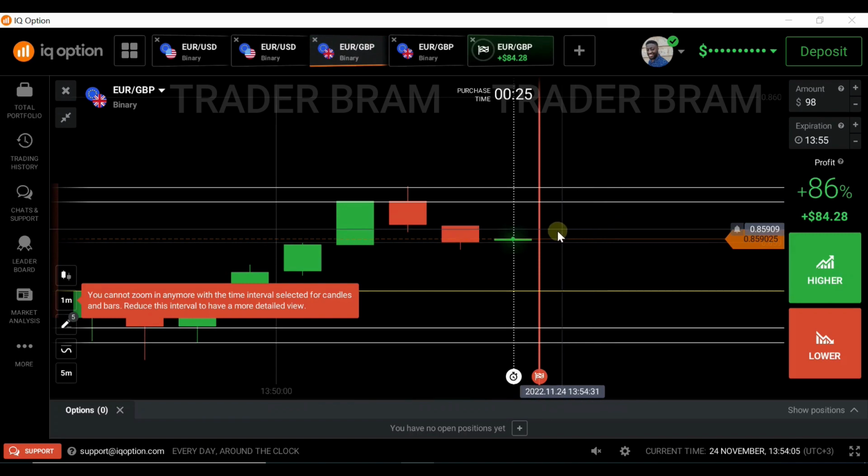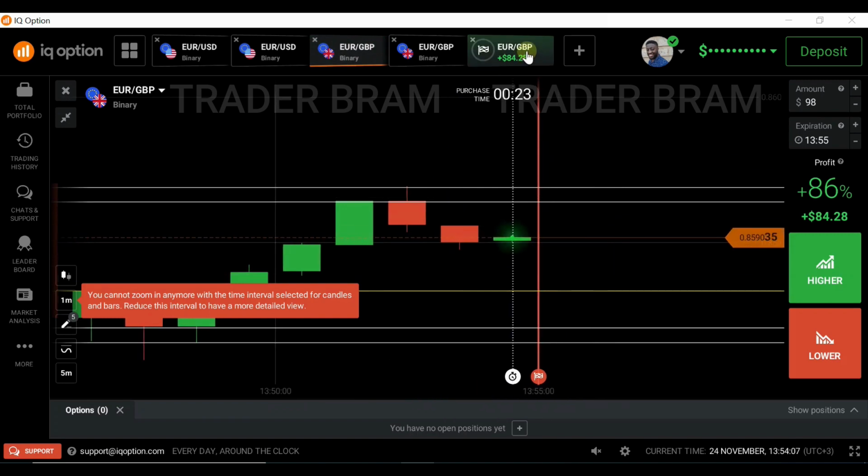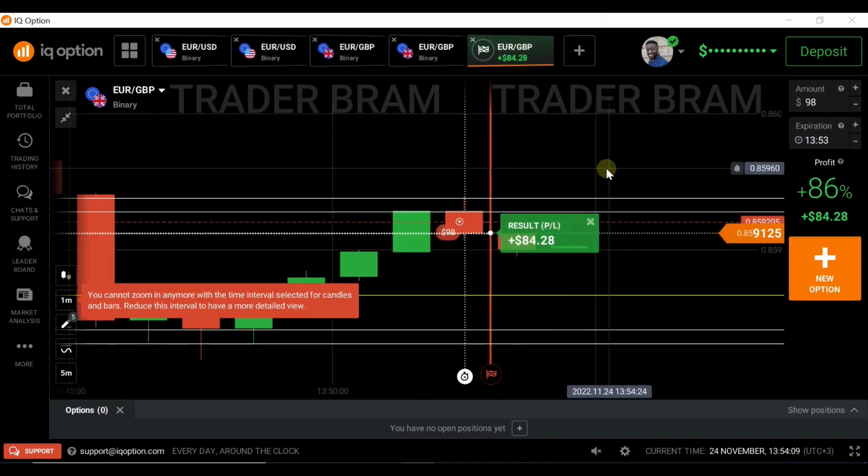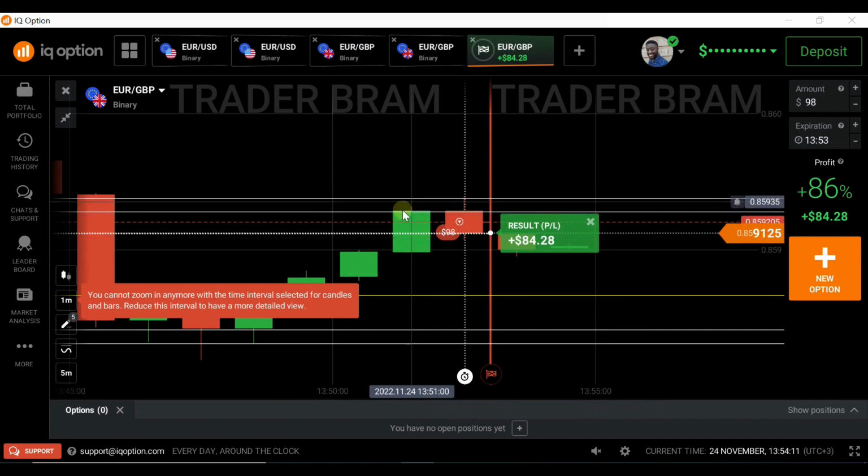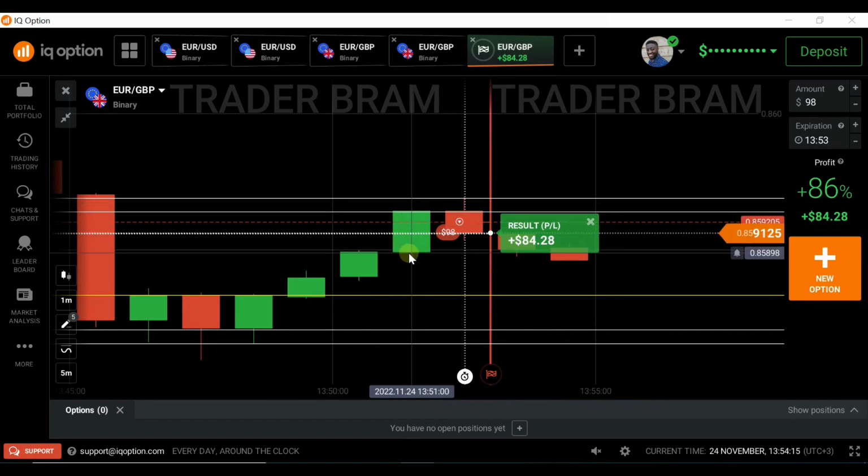So after reaching the resistance level, this is our trade. You can see this is a Marubozu candle. There's no upper or lower wick. A Marubozu candle can act as a continuation pattern or a reversal pattern depending on where it appears and how the market is analyzed and the context of the market, because you cannot just trade candlestick patterns the way they are in the textbook.